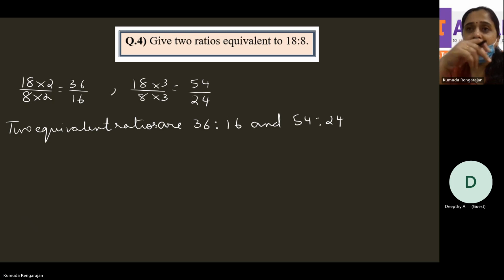Understood this? Yeah, you can multiply and divide 18 by 9. You can multiply and divide by 25. Any two numbers.